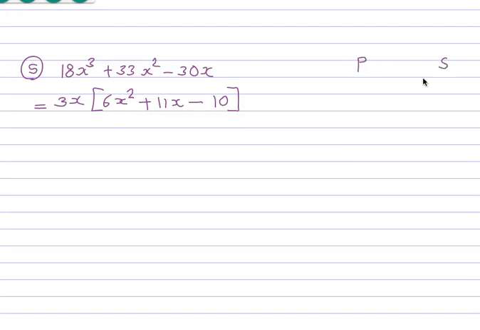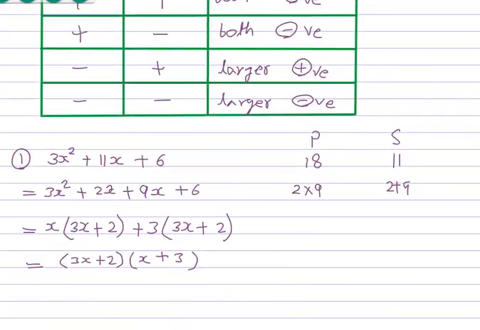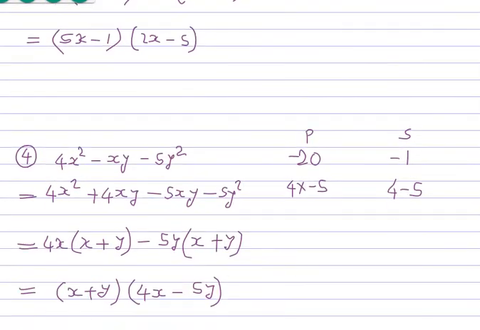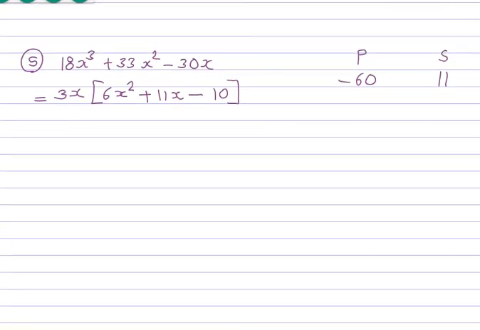What is the product and what is the sum here? Product is 6 times negative 10, negative 60. And what is the sum here? 11. Okay, product is negative and sum is positive. Third condition, larger number positive. Okay.